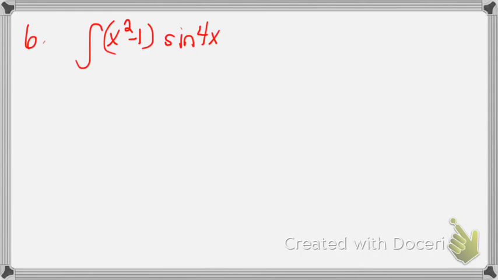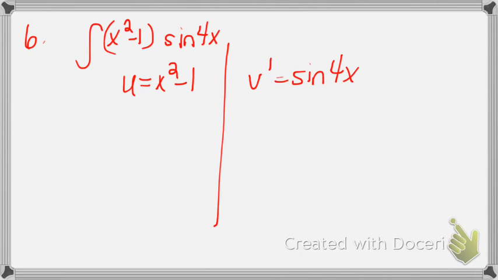Alright, we're going to try it with the tabular because I know that if I keep taking the derivative of x squared minus 1, I get to 0. And so I'm going to let u be x squared minus 1. I'm going to let v prime be sine of 4x. Now I'm going to work out my table. And honestly, I should have written the u above it instead of beside it.